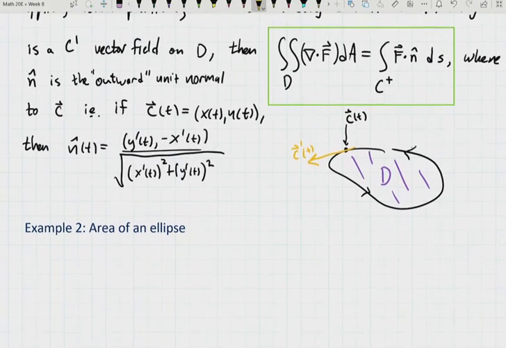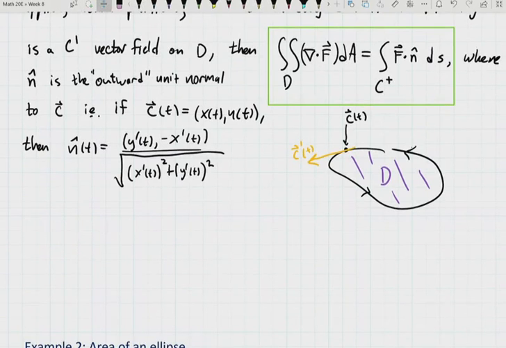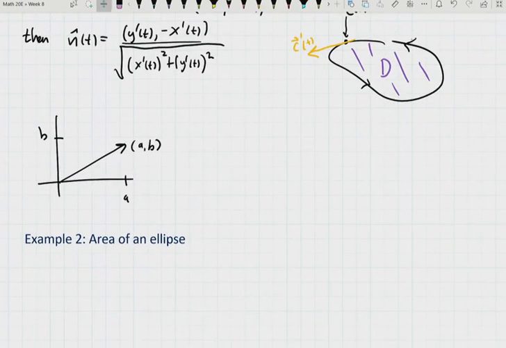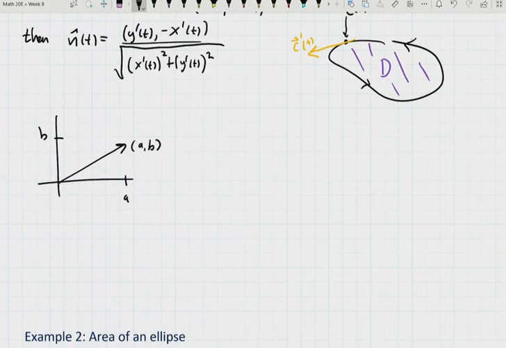I don't know if you remember how you can get a perpendicular to a vector in the plane. If you have some vector here where this is A and this is B, so this is like the vector AB, what's perpendicular to AB is the vector B negative A, which looks like this one.